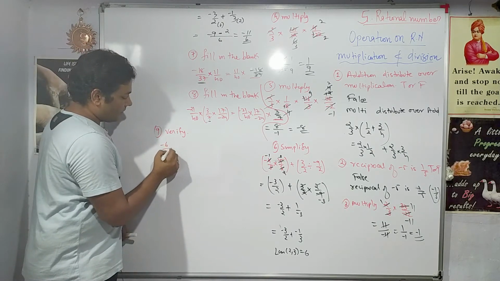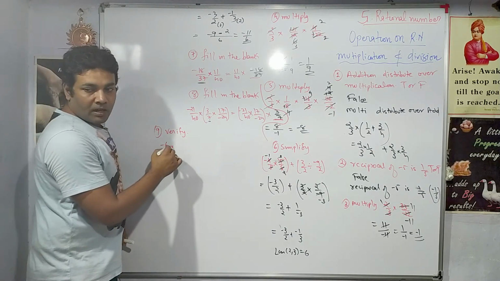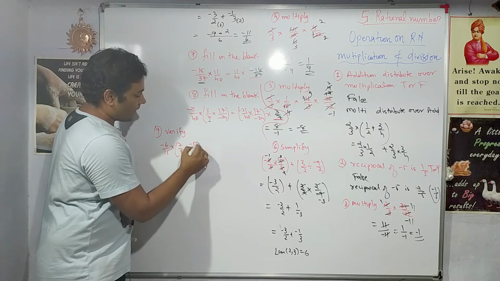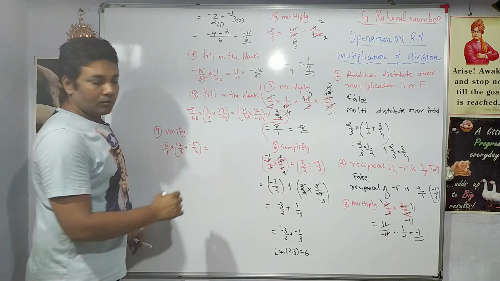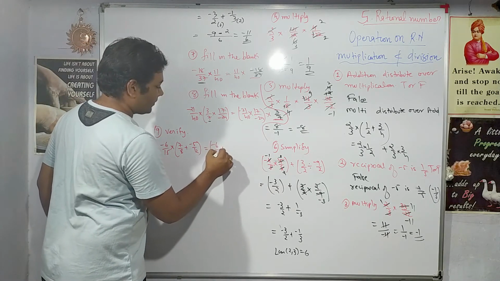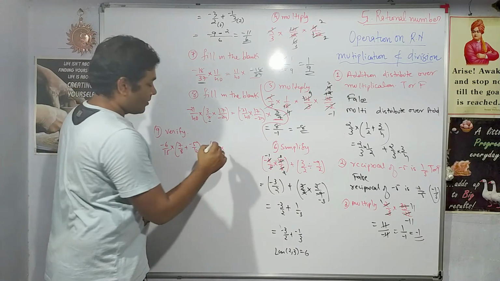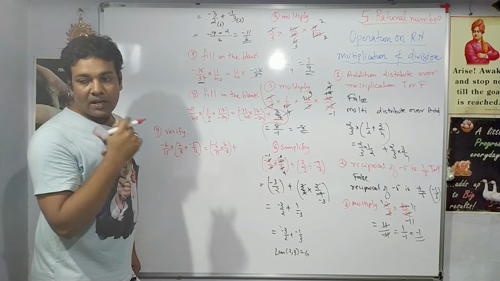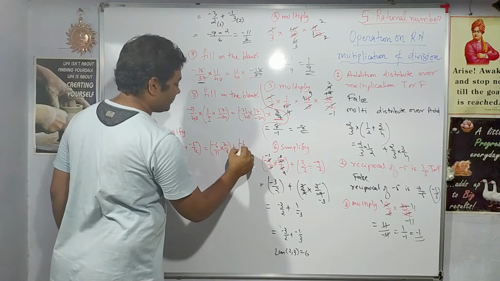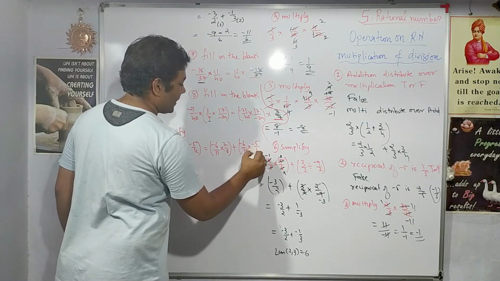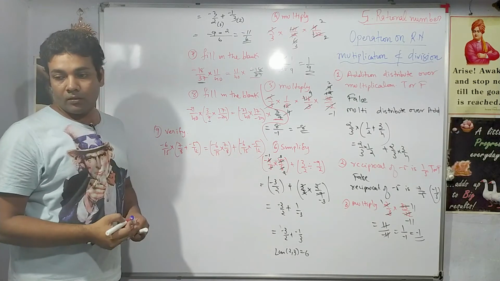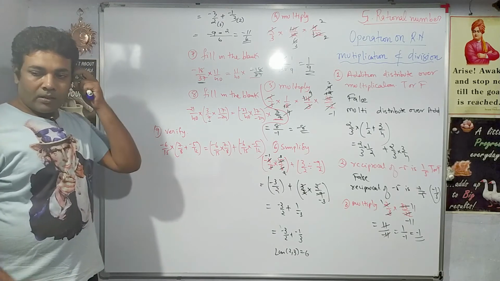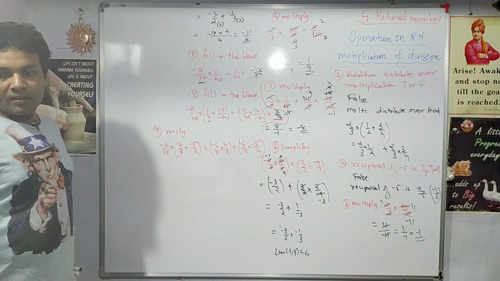Minus 6 upon 15 multiplied by 7 by 8 plus minus 5 by 12 equal to minus 6 by 15 multiplied by 7 by 8 plus minus 6 by 15 multiplied by minus 5 by 12. So this is the question. Yes, this is the question, right?